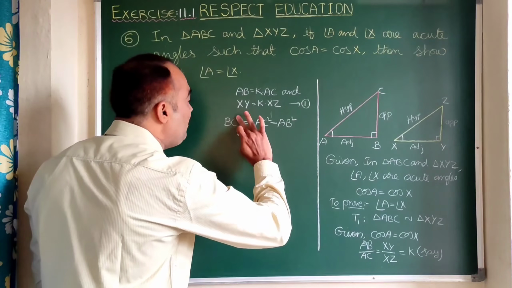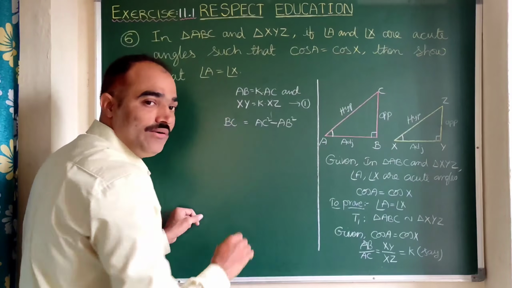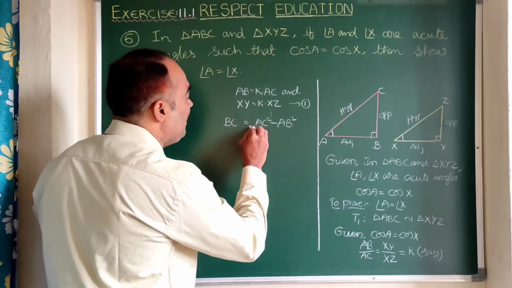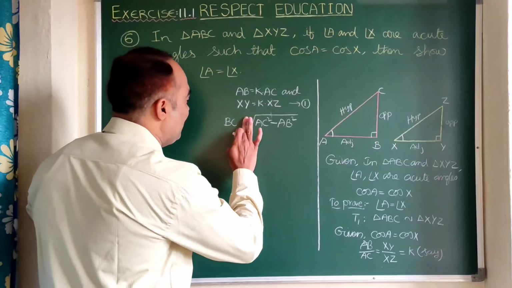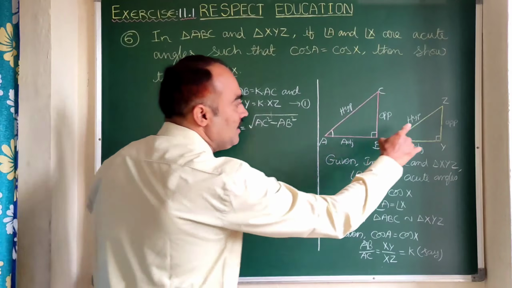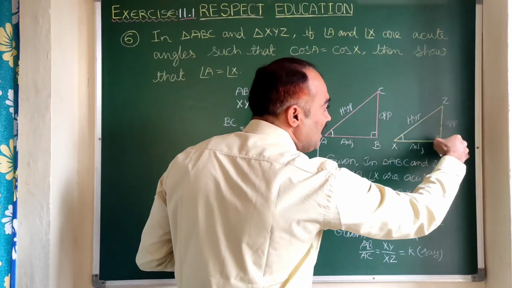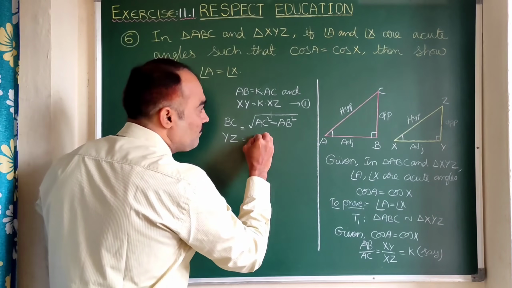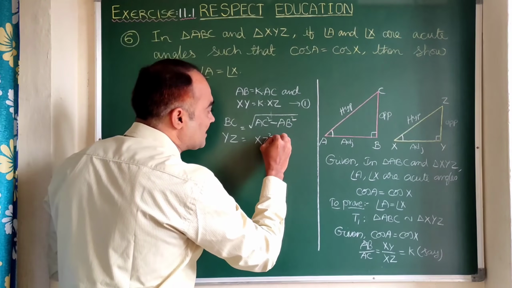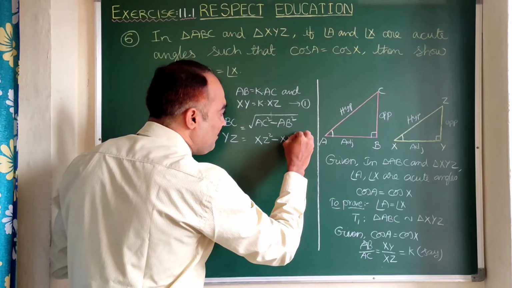If I want only BC, it will be under root. Is it clear? Same way, here you come back to this one. What is YZ square? XZ square minus XY square.